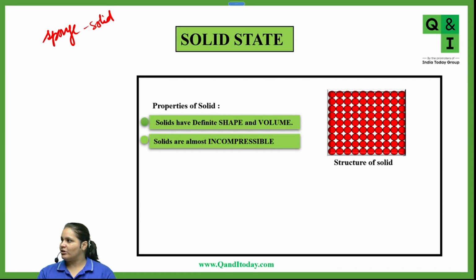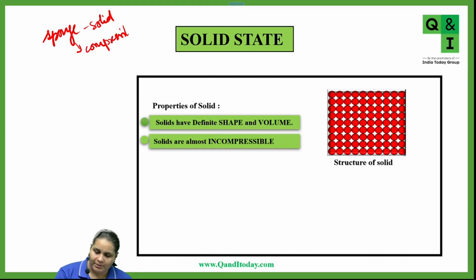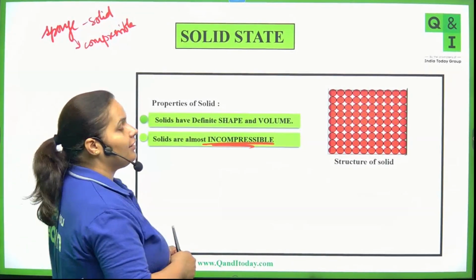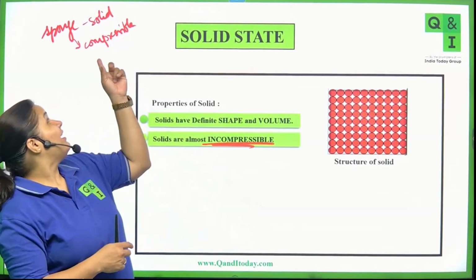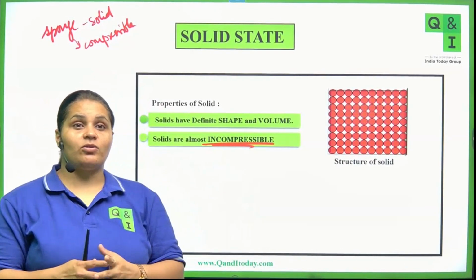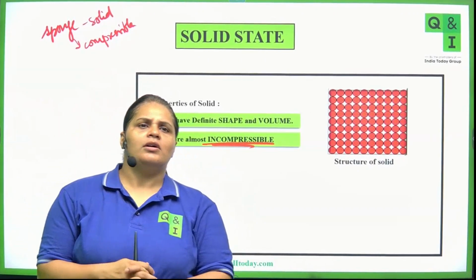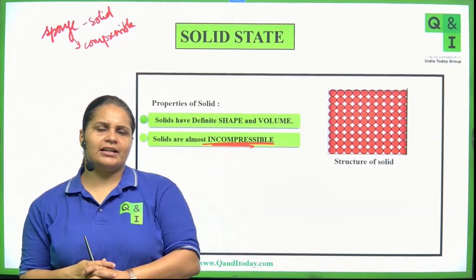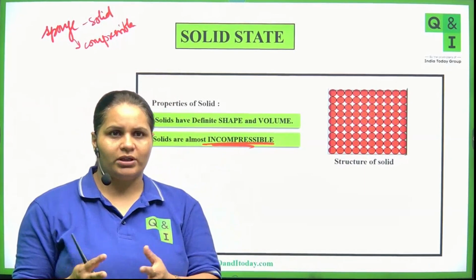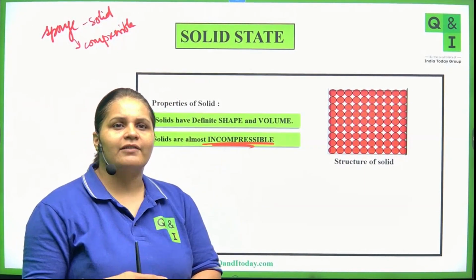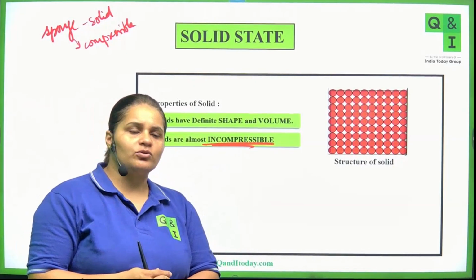Yes, it is compressible. But here we mentioned they are incompressible. So how are you going to justify that sponge is solid, but it is also compressible? Okay, so one point I got: Sanjeev has said sponge is porous, and Shubhranshu has said it has a lot of holes, which allow air to escape.